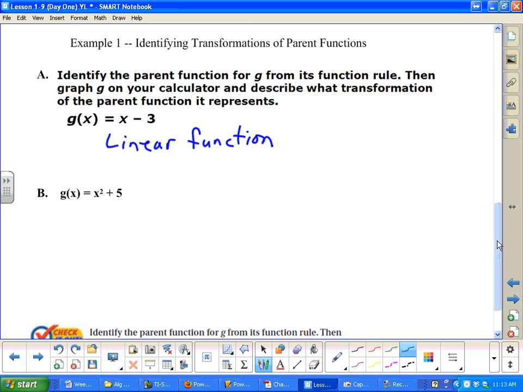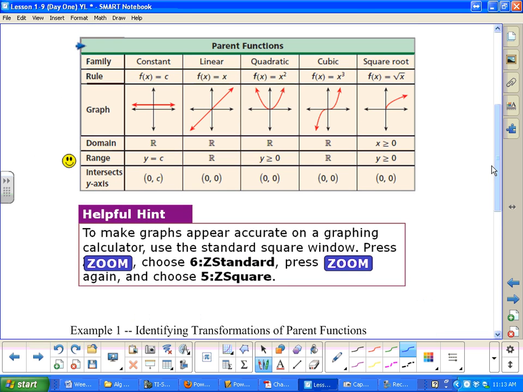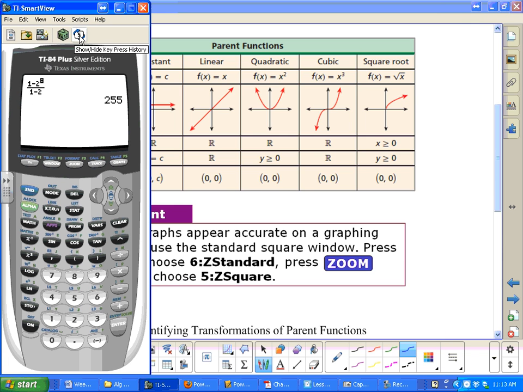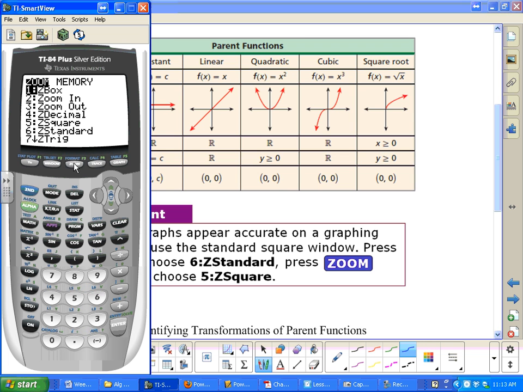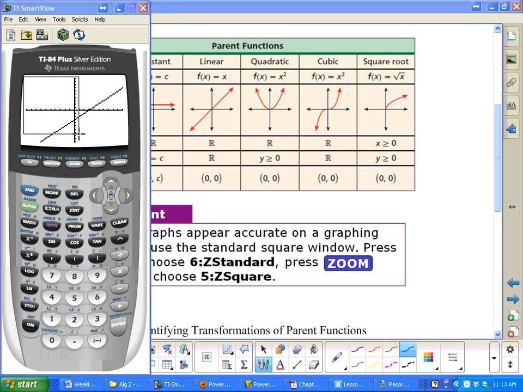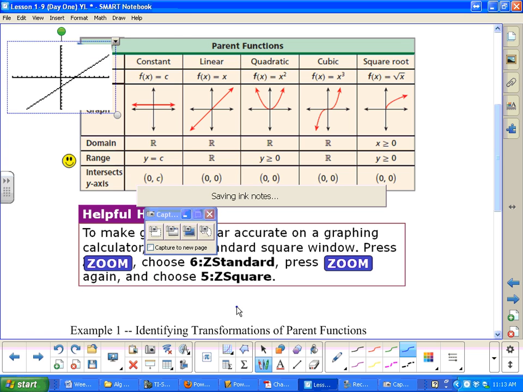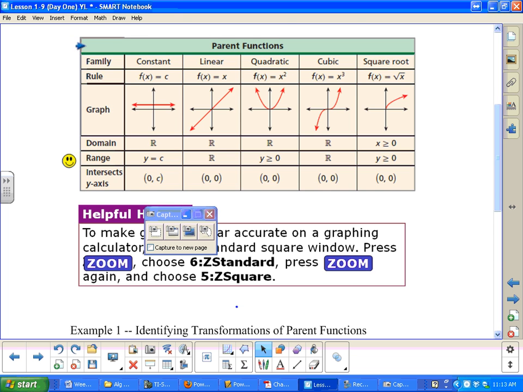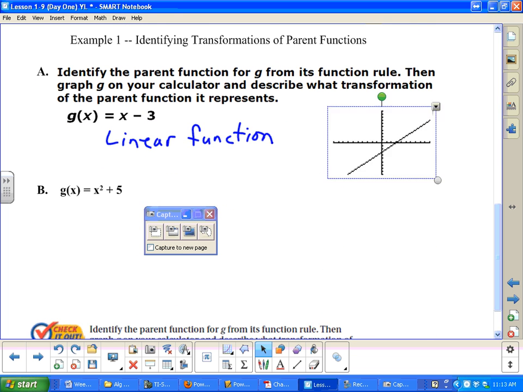Okay, so let's look at the graph on our calculator. We know that the graph of the parent function looks just like this, goes through the origin. So if we look at the graph of x minus 3, it looks like this. So there's the graph of it.